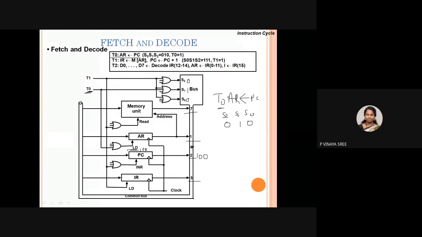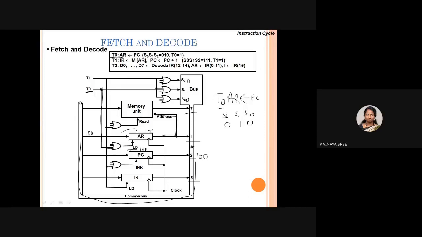For that, I maintain one OR gate for this load, and I connect it to T0. I already said that this will be high, so load will be high. This 100, with the help of the common bus structure, you will be getting here, and this 100 will be placed inside this.